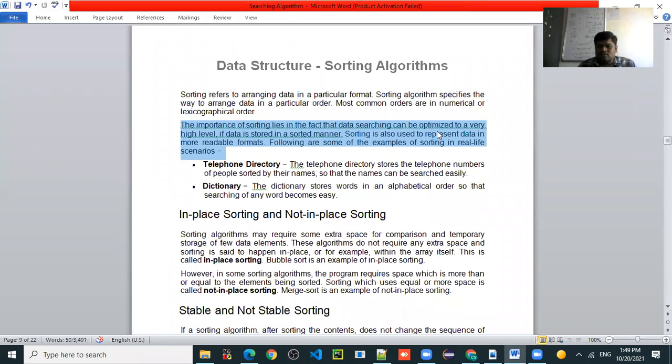Nowadays we use it in our mobile. When we are storing the contact names or contact numbers of people in our mobile, that is also in the form of sorted order.